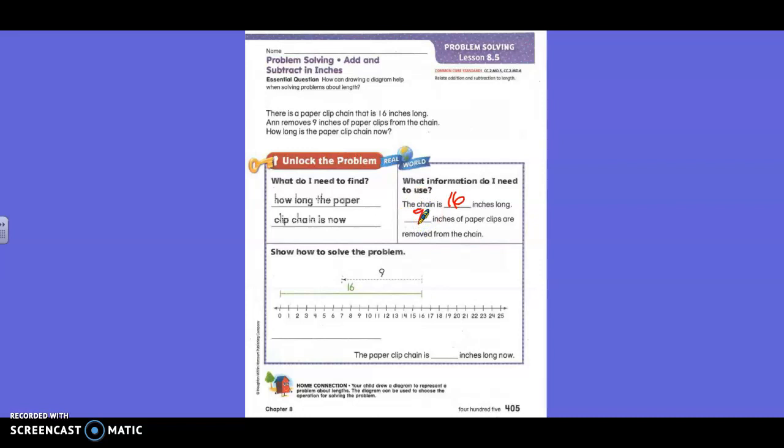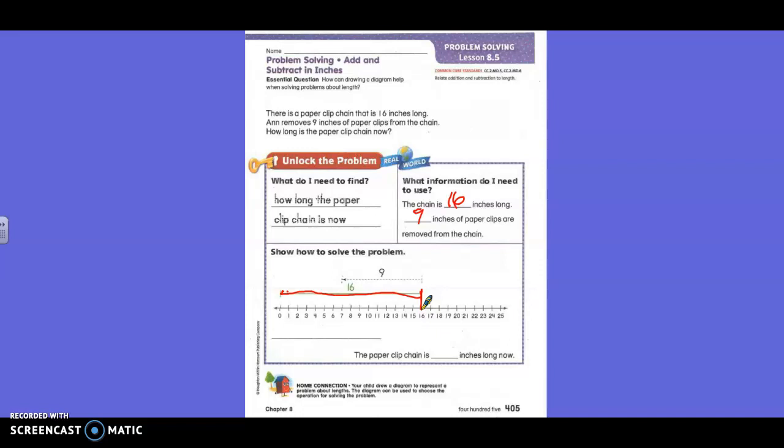Okay, show how to solve the problem. Guys, they have a number line there. And then they made the first line go from where the chain would go, 16 inches long. So it's to the 16. You see that? But then they are saying that you need to jump back 9 spaces to see.